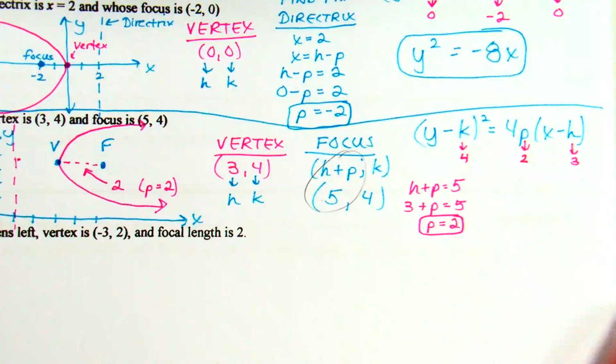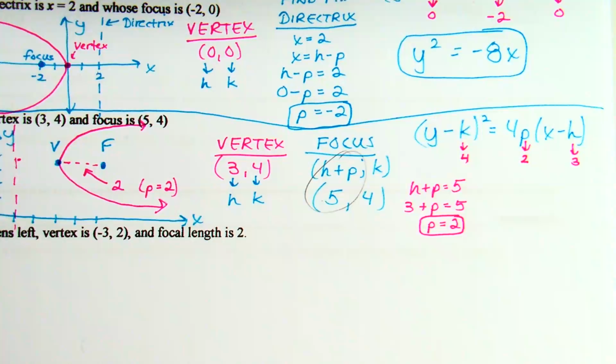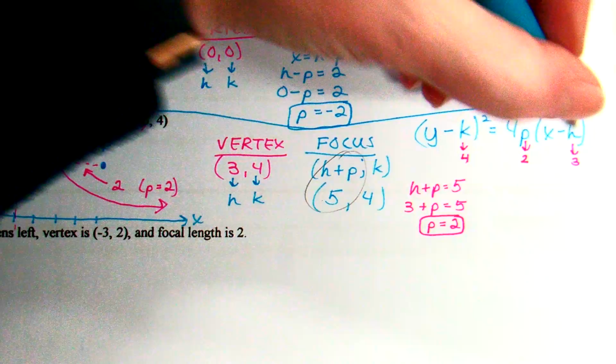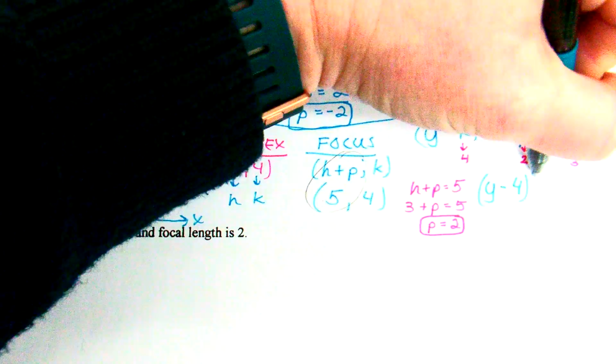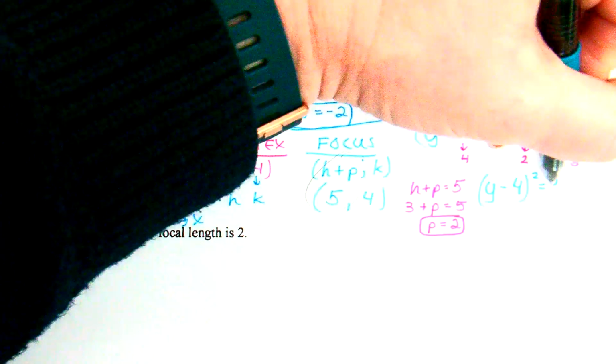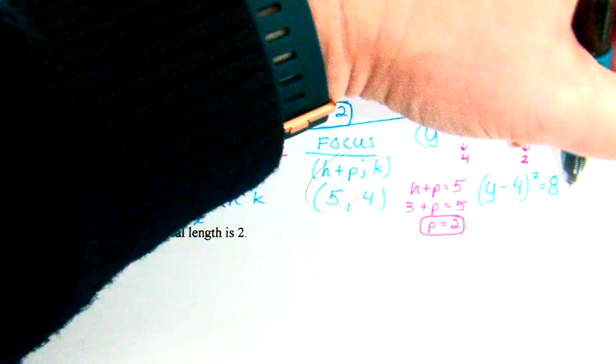I went the wrong order for all you guys, didn't I? Sorry. Okay, can you write your equation? (y minus k) squared now becomes (y minus 4) squared. 4p is 8, times (x minus 3).